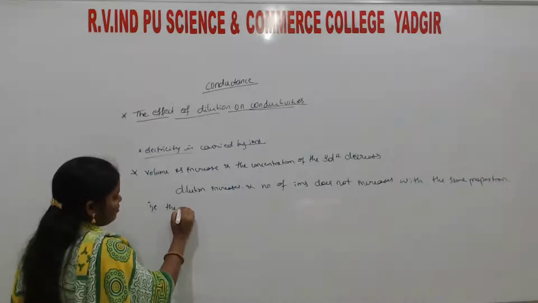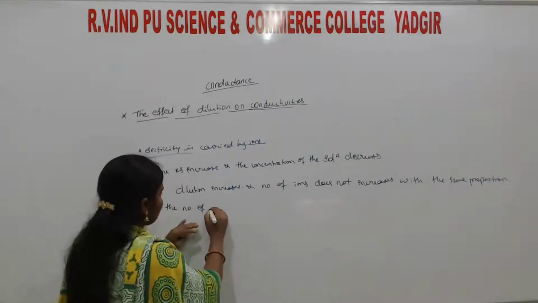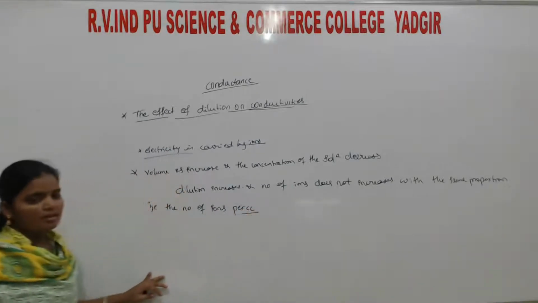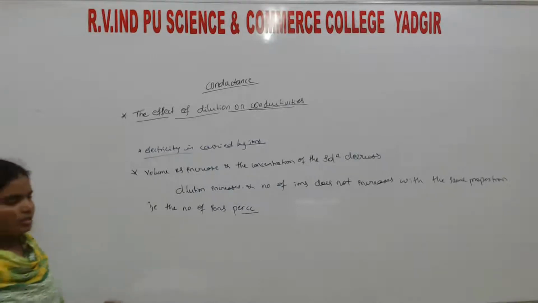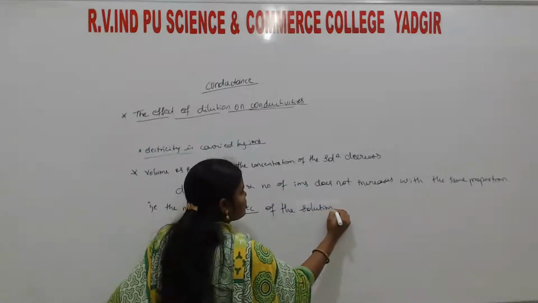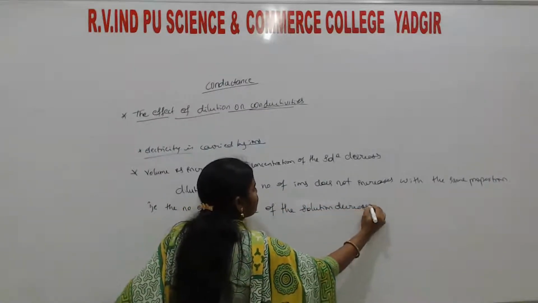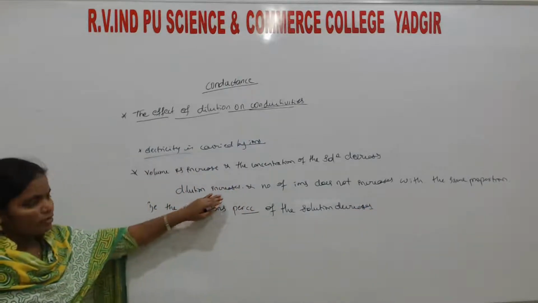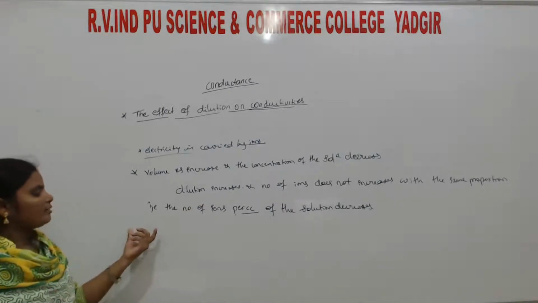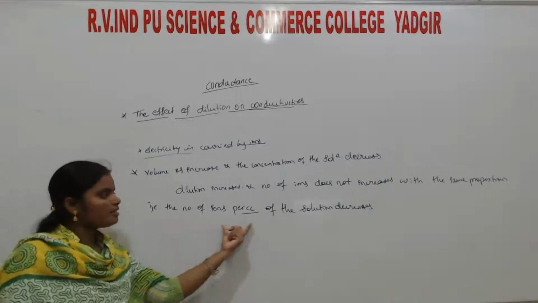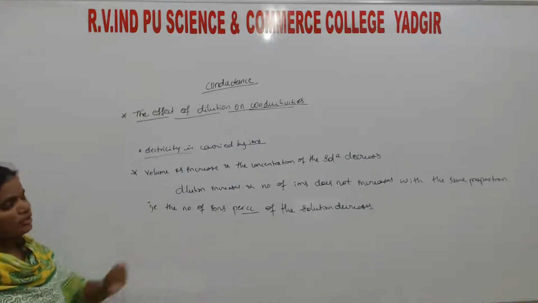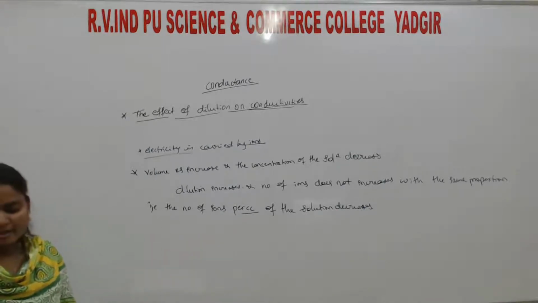Here cc means ml. Dilution increases, the number of ions does not increase in the same proportion, but the number of ions per cc of the solution is decreased.